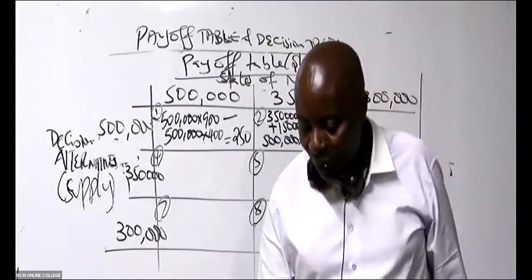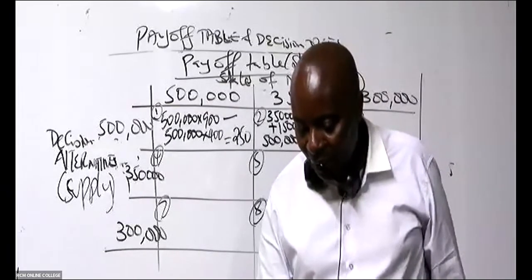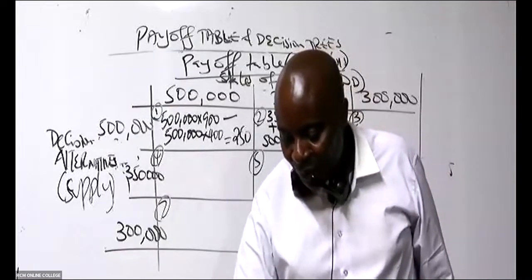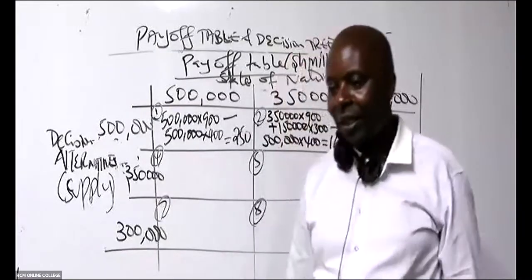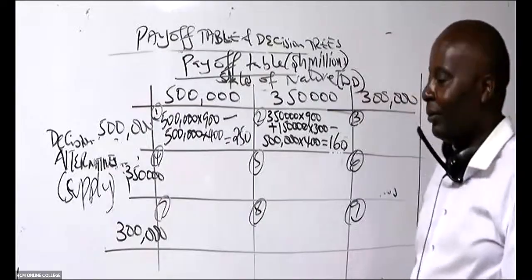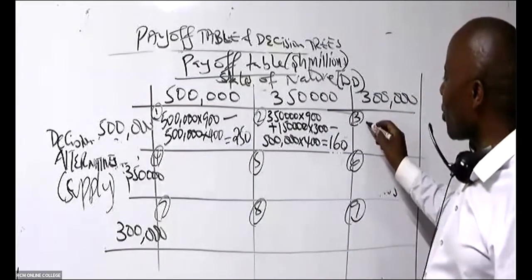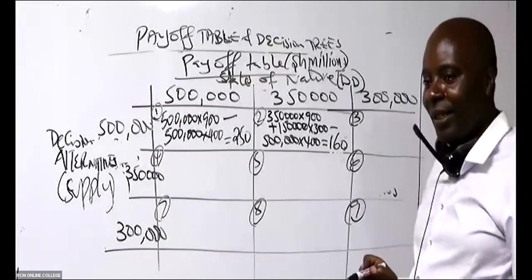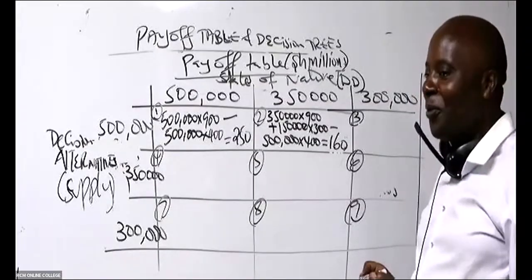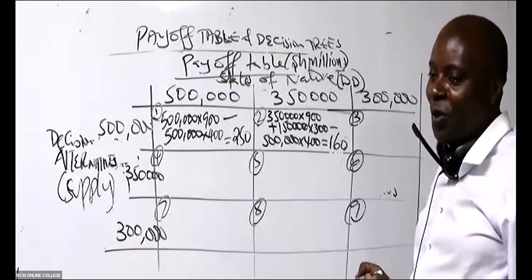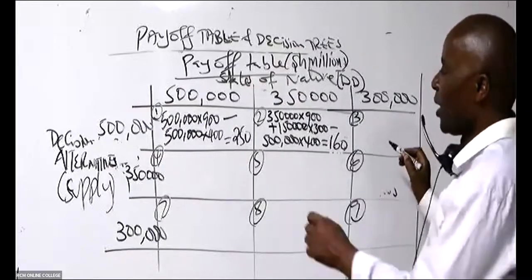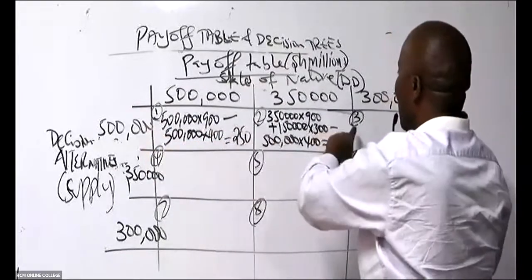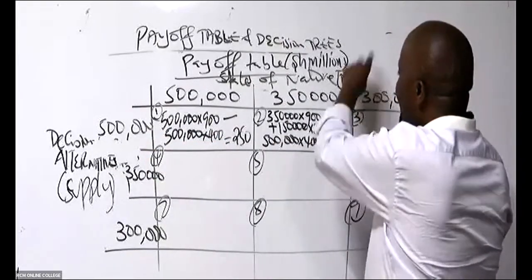I can see so many of them giving me 130. They are very wrong. We can bet on that. Most of them are telling me, Mwalimu, 130. Please listen. Here, we have supplied 500 and the demand is 300.